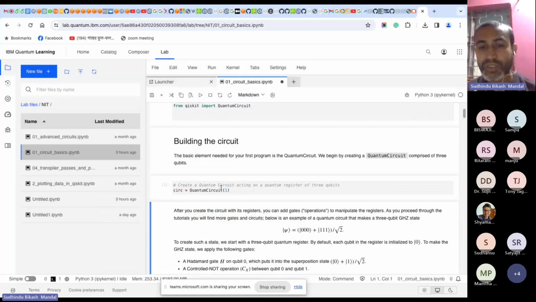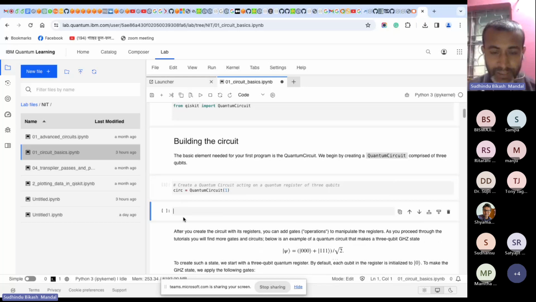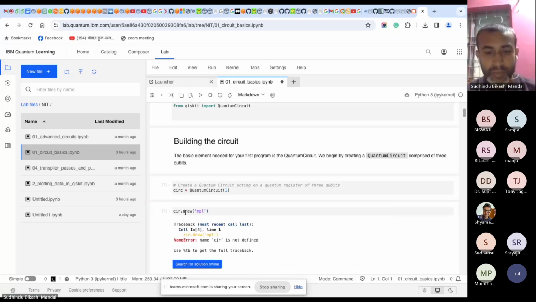So I have created a 1 qubit circuit. If you print it or draw this circuit, what will you get? Draw. And if you want to draw in Matplotlib, the MPL drawing.